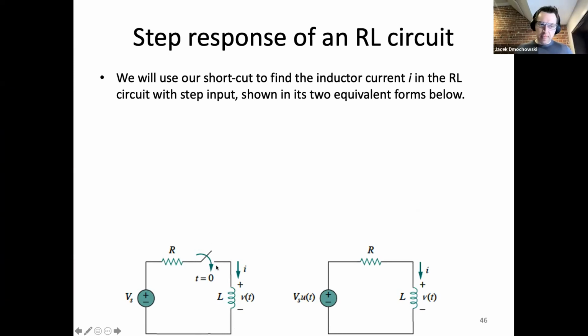Now at time zero, this switch is going to close, and all of a sudden there's going to be a current that flows from the battery through the resistor, through the inductor, and back to the battery. Now here's the thing: after long enough has passed, this inductor will converge into a short circuit.